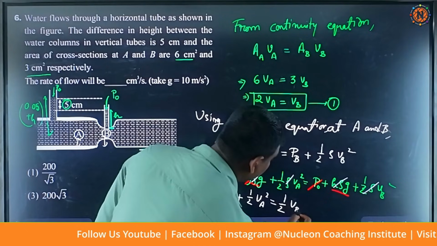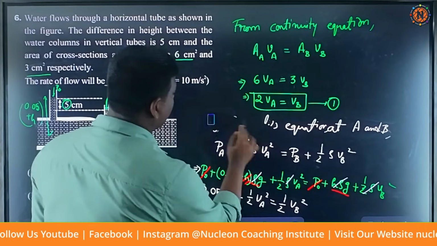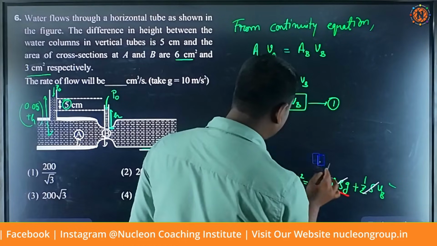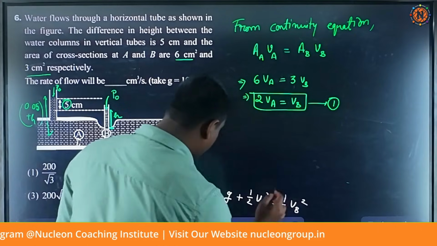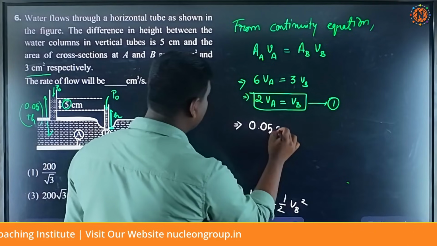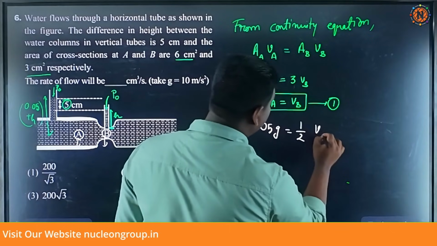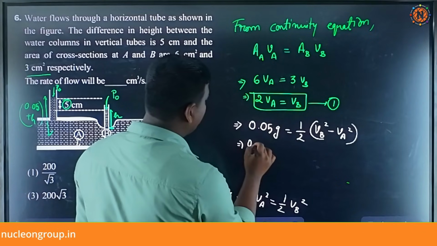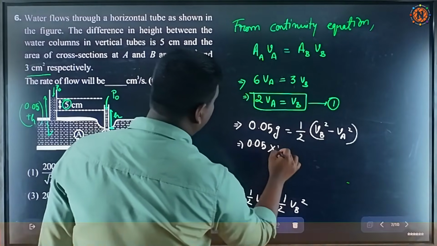Okay, next I'm doing here again. From this equation, we can take 0.05 g on the left hand side and take this term on the right hand side. So we can take half common, so that will be VB square minus VA square. Now 0.05, g is given as 10, so you can take 10.